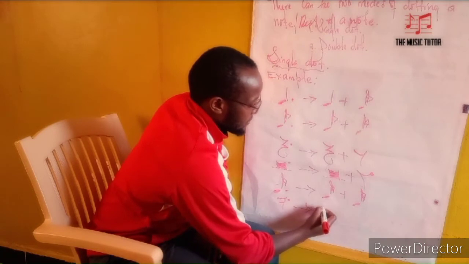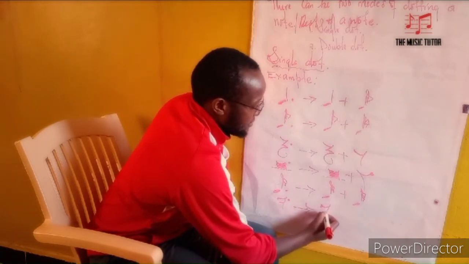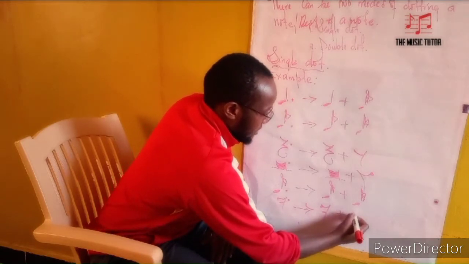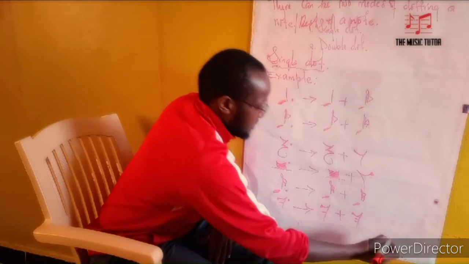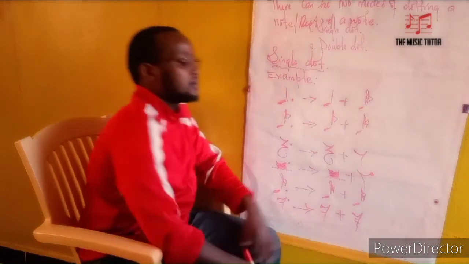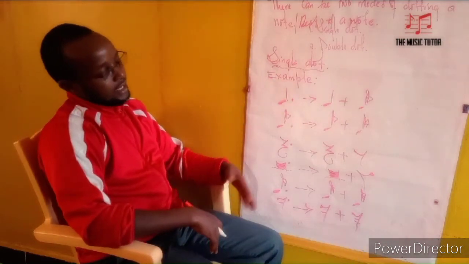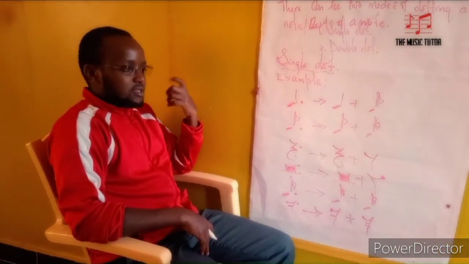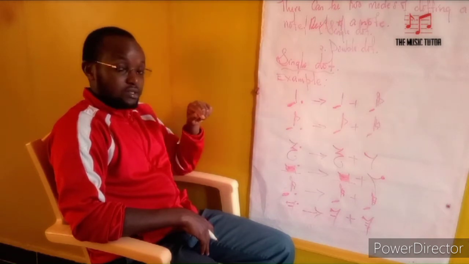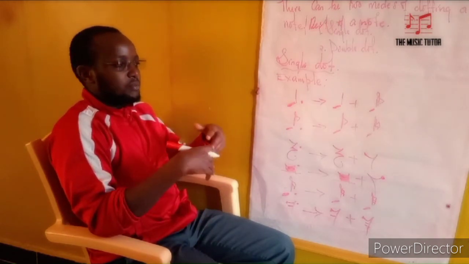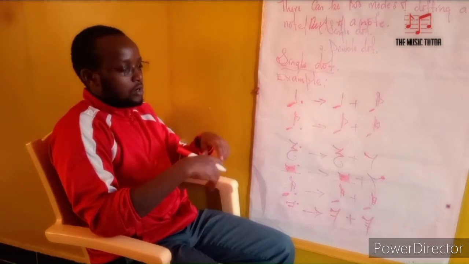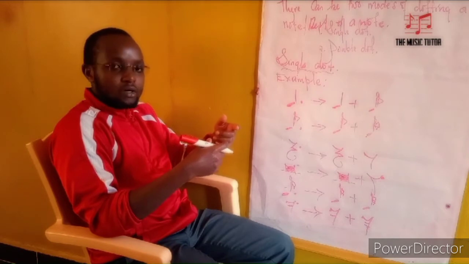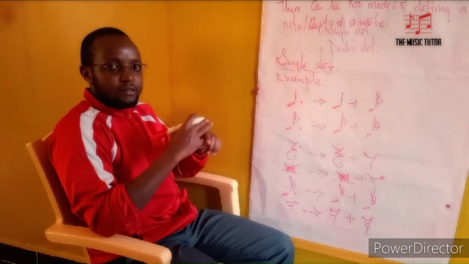It will give you the semiquaver rest plus a semi-demiquaver rest. And the trend continues. But what I would want you to understand is that the single dot will always take half the value of the preceding note or rest, the preceding beat or the rest of a beat.